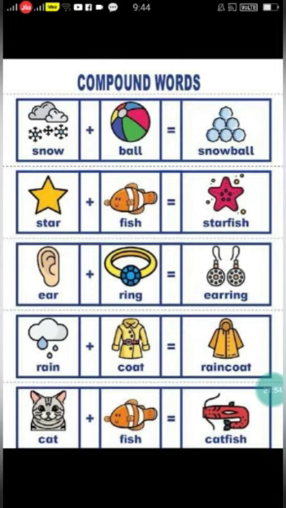In the same way, ear plus ring, earring, rain plus coat, raincoat, cat plus fish, catfish. All these are two different nouns. So what is a compound noun, children? A compound noun means two nouns have been combined to form these words, which are called compound words.